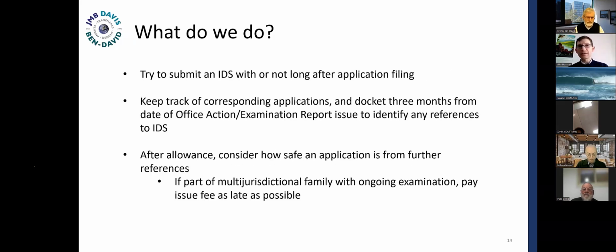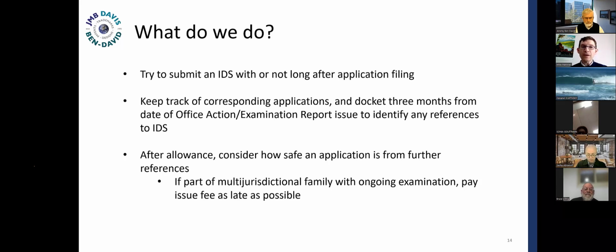So to the last slide here in this section is, well, what do we do here at JMB? So what we try and do is that we try and submit the IDS as nearly as soon as an application is filed, and we'll go through an example of this later on. At the same time, we're keeping track of all the corresponding applications in the family where they are across the world.